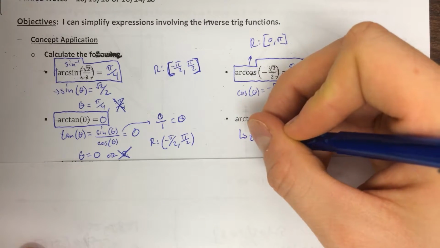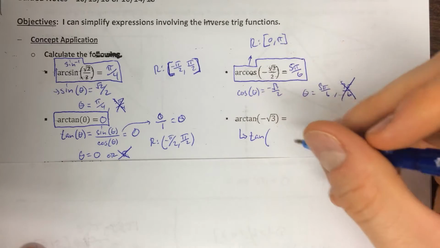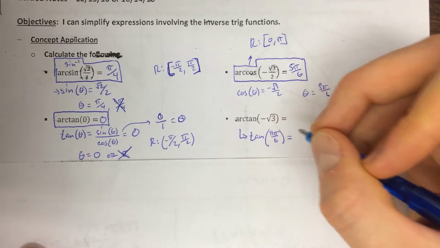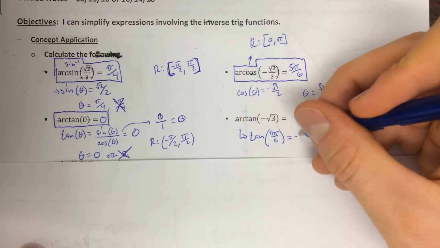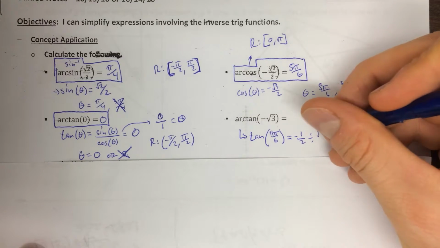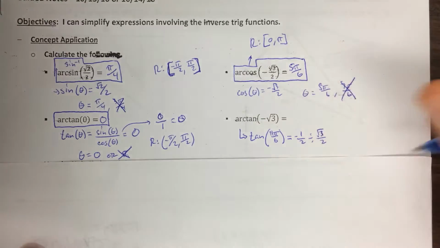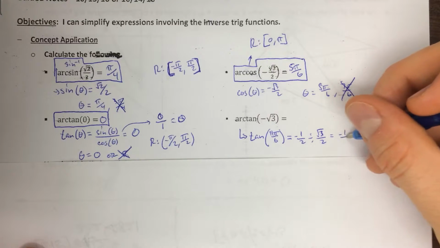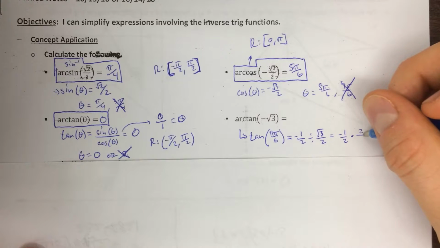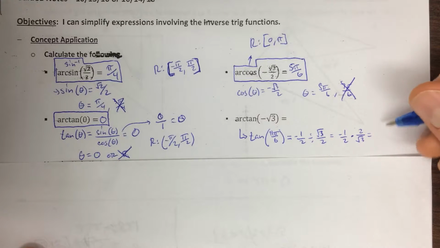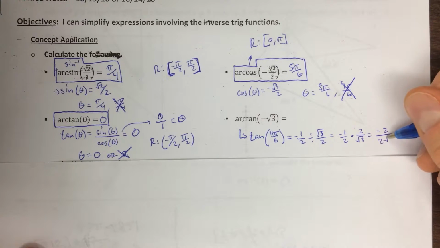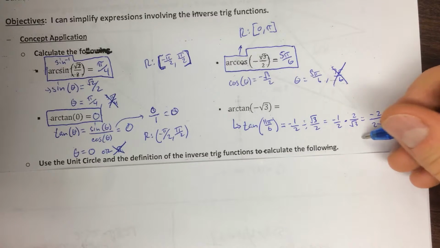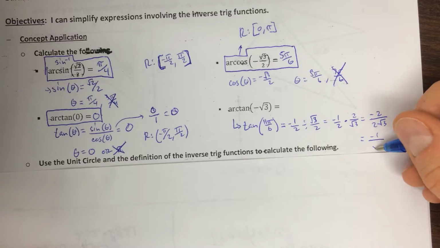So let's say tangent of 11 pi over 6 is sine divided by cosine, so that would be negative 1/2 divided by square root of 3 over 2. Since we're great mathematicians, we know to divide fractions, we multiply by the reciprocal. The 2's would cancel.